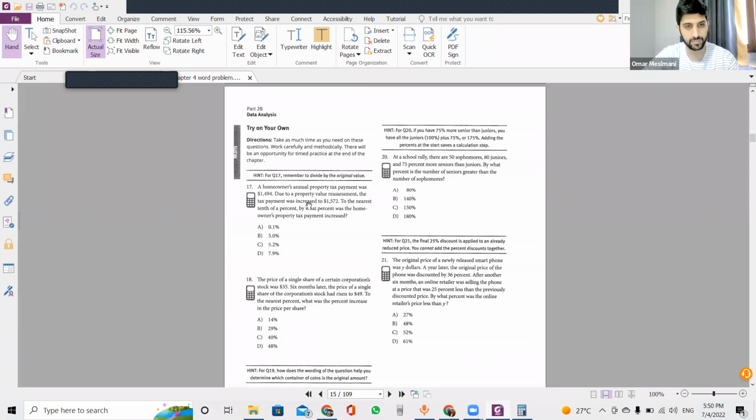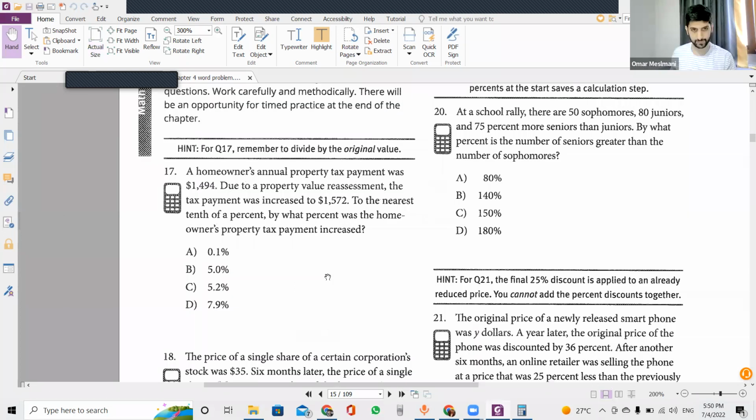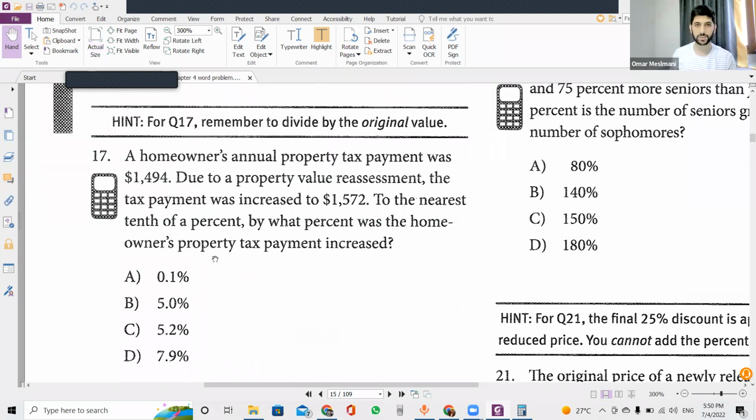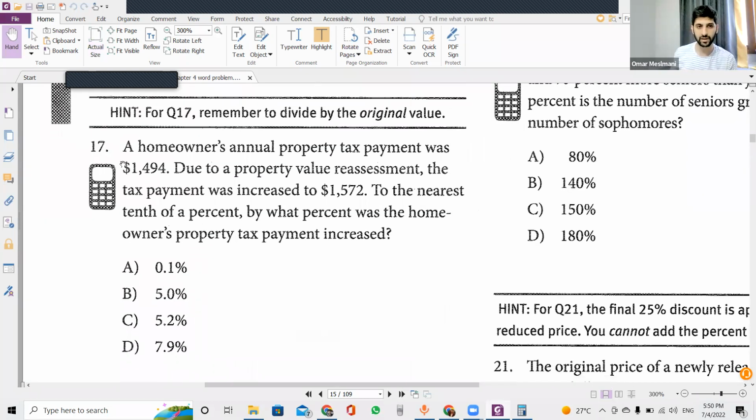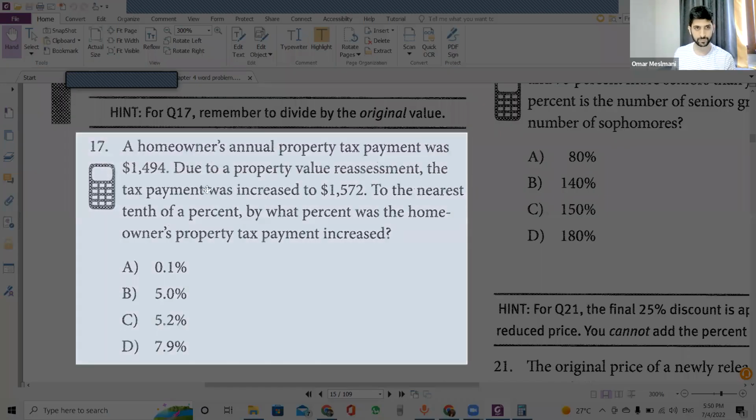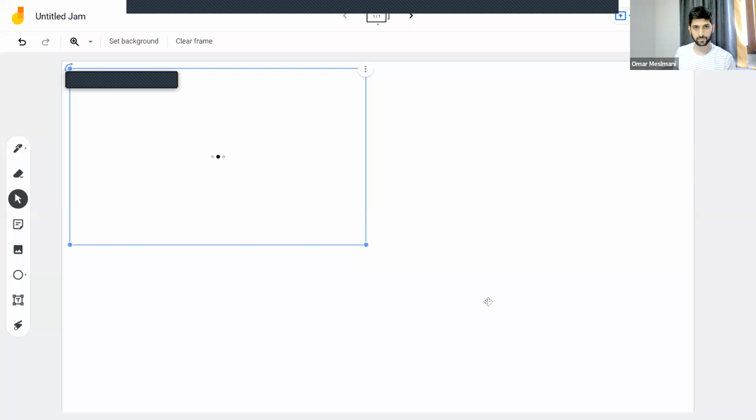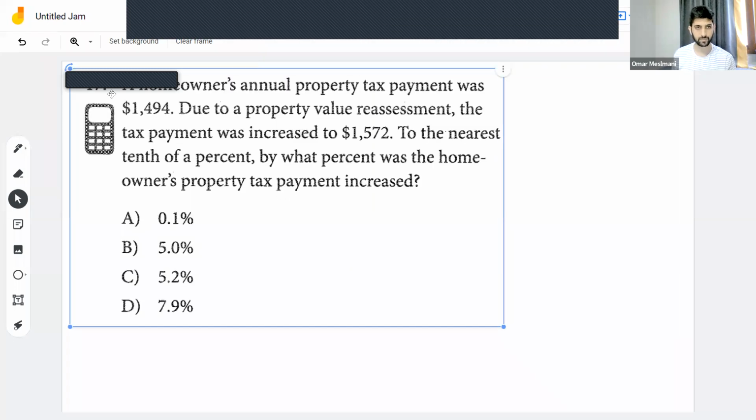All right, now let's do question 17. Try to read question 17 and give yourself a minute to solve it, please. Can you see it? I guess you can.